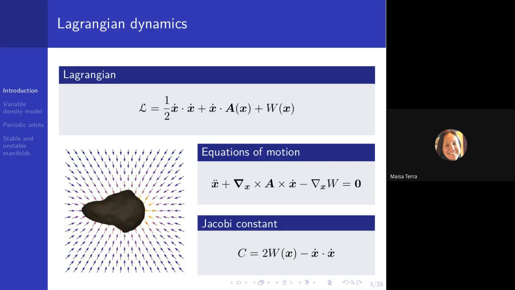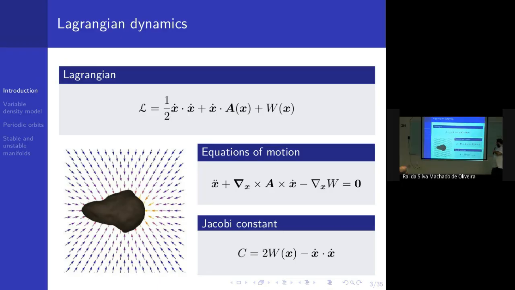Excuse me. I would like to know if you investigate situations where the body is not symmetric, or the shape or the distribution of mass is not symmetric, because in this case, I think that the triangular points will not be symmetric to each other, or something like that. Yes.